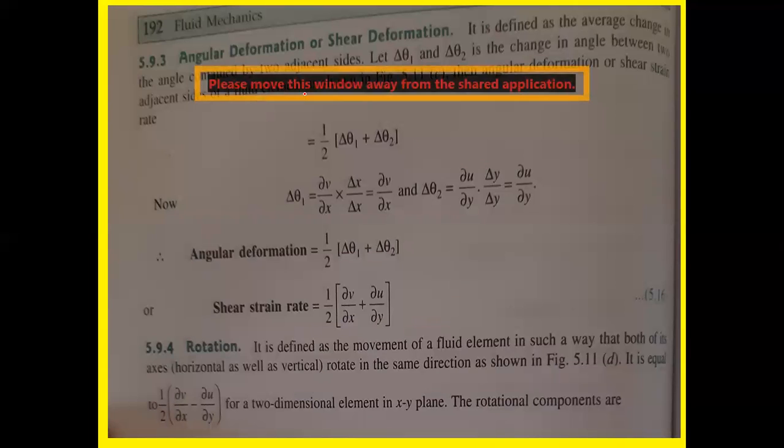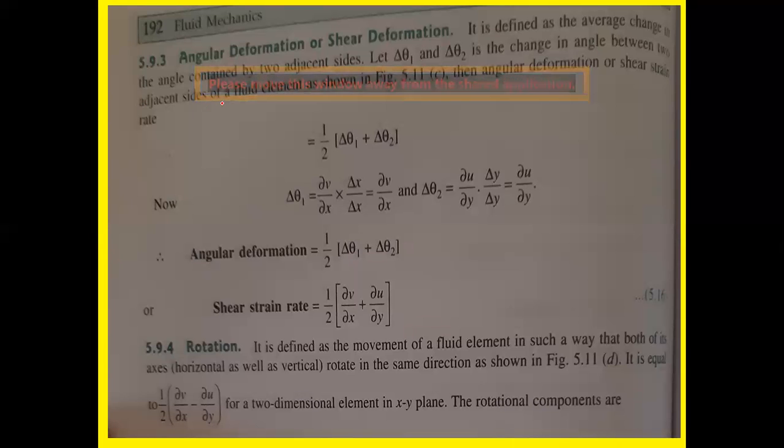The angular displacement or shear displacement is defined as the average change in the angle between two adjacent sides of the fluid element, delta theta 1 and delta theta 2.